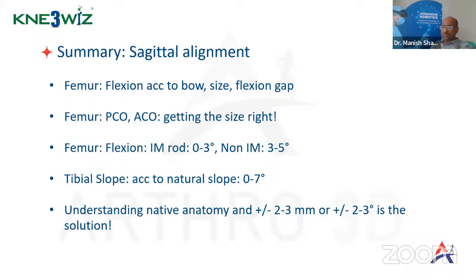Tibial slope, aim for 0 to 7. And as we have seen with the coronal, effectively, what it tells us is that it is important to understand the native anatomy and remain within that 2 to 3 degree range, both in terms of millimeters and in terms of degrees, to get to the ideal solution.